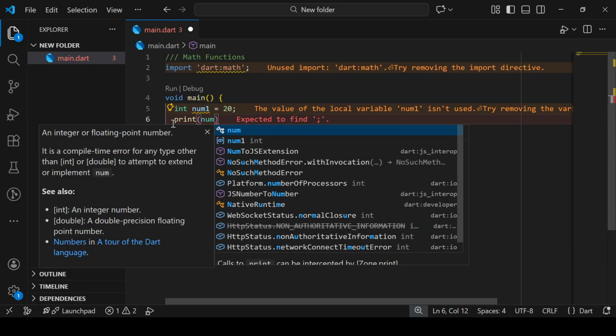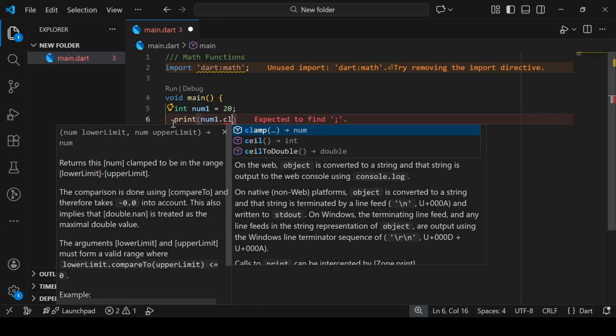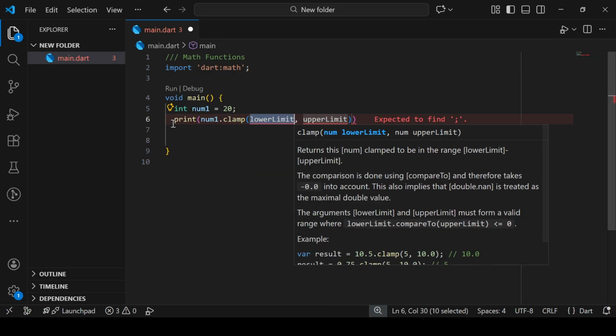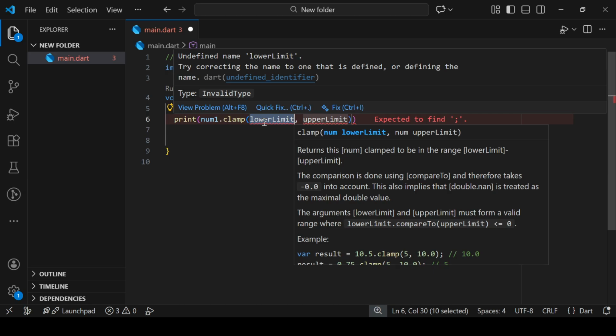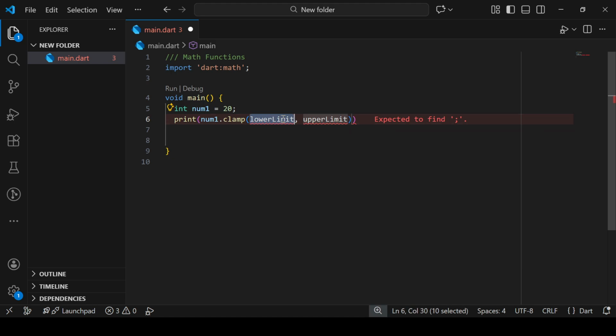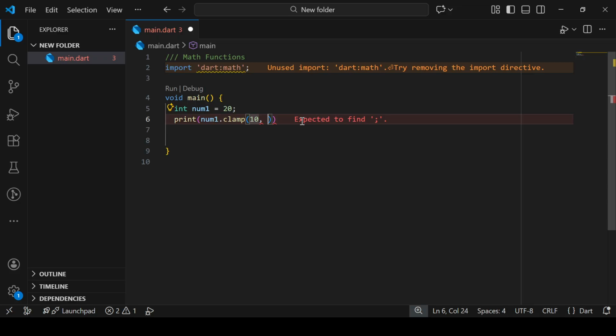Here I write num1 dot clamp. It takes two parameters: the first parameter is the lower limit, the second one is the upper limit. So I write 10 here and 30 here.